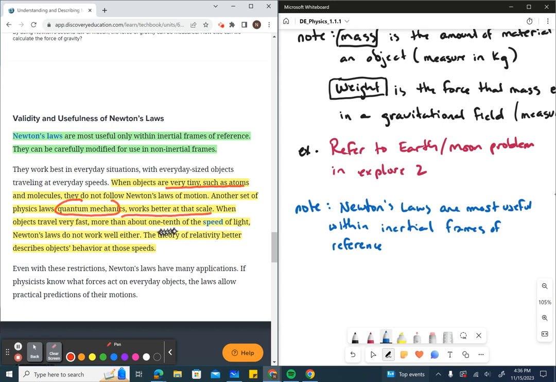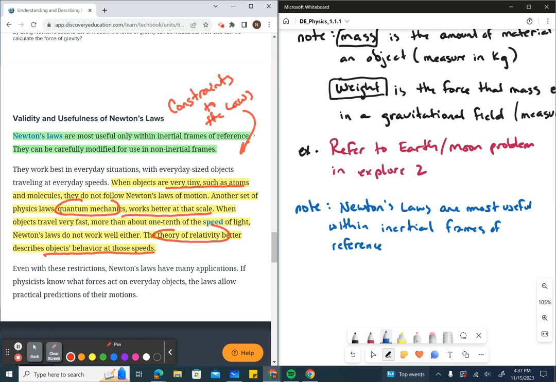The theory of relativity is better used for describing those things that move at that speed. So there are restrictions. There are constraints to the laws. These are the constraints down there.